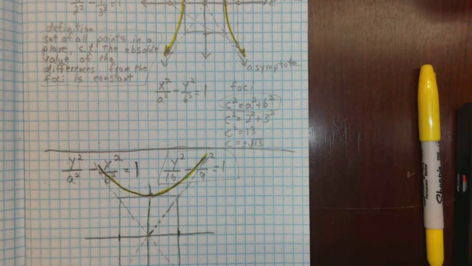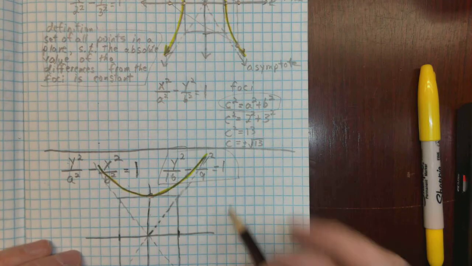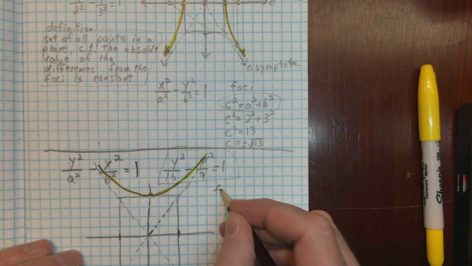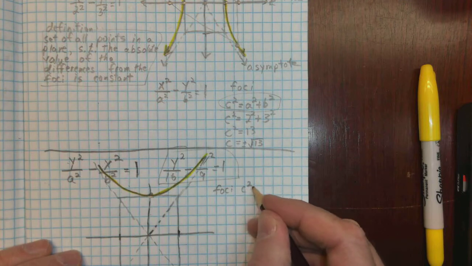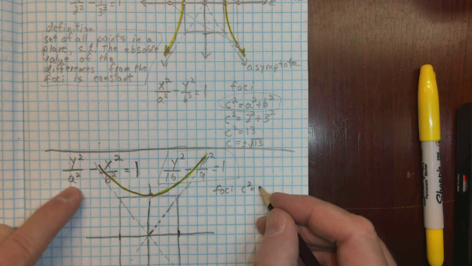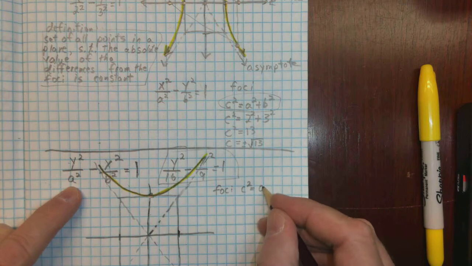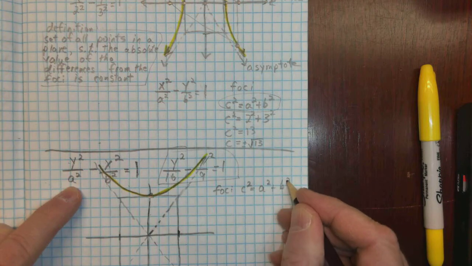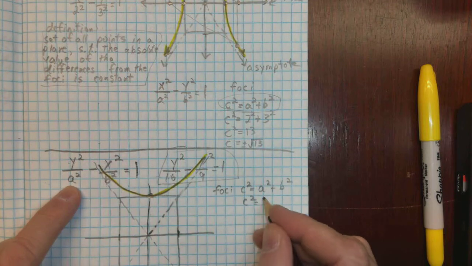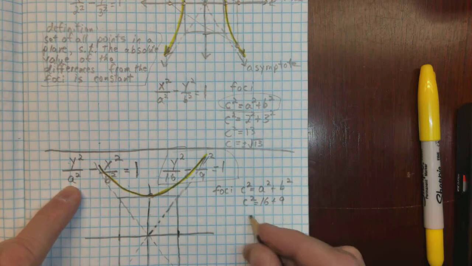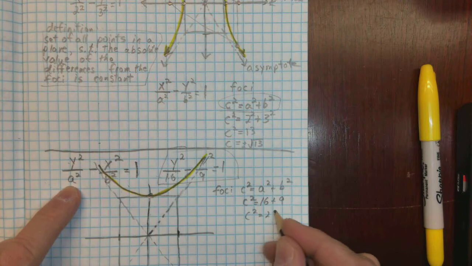Now, the next thing I want to talk about, let's get the foci on this. So c squared equals a squared plus b squared. And in this case, this is a squared. So I'm going to go 16 plus 9. C squared equals 25. So c is plus or minus 5.